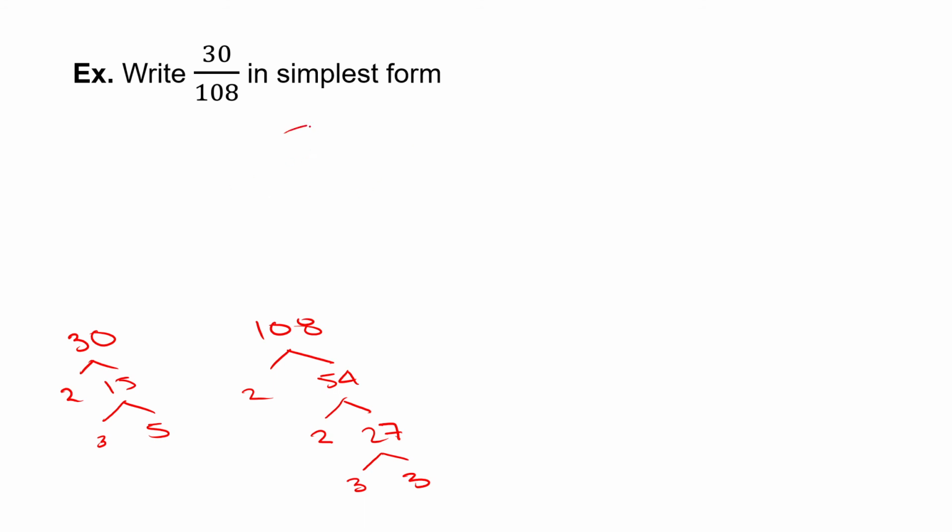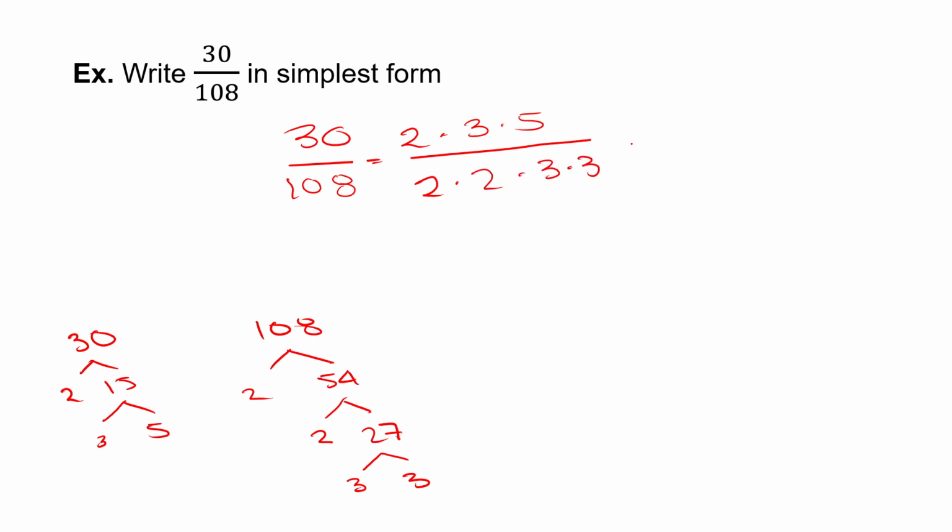So if you write that, 30 over 108 can be written as 2 times 3 times 5 over 2 times 2 times 3 times 3. Now we cancel the numbers that appear on the top and the bottom.